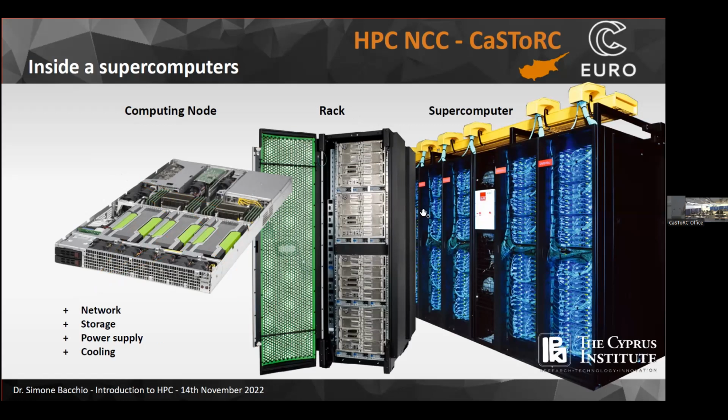And so like I said, when things start to become complicated, you see a setup of a supercomputer has all these cables, etc. Because what you want to do is not to use one of these nodes, but to use many of them at the same time. So you need to be very efficient in sending data between different nodes, communicating. So very important in a supercomputer is the network.